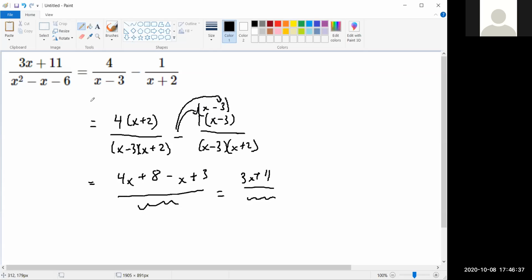All right, so this is to show that these two expressions on both sides of the equal sign are the same. So this is very useful because if we learn how to split apart fractions like this, we can integrate things. So this brings us to the question of, how do we actually do that?